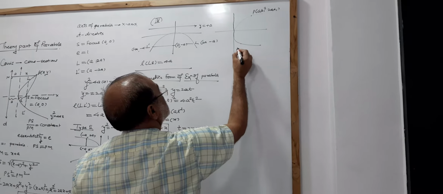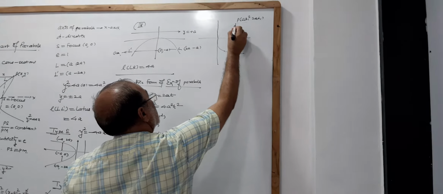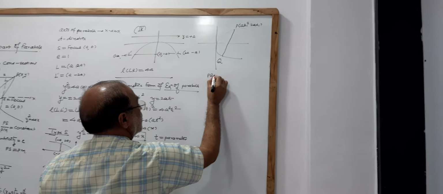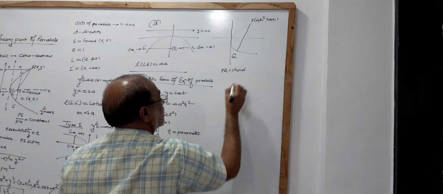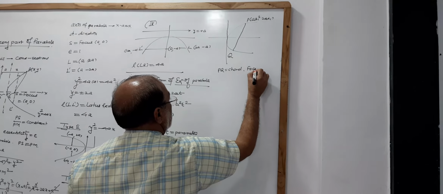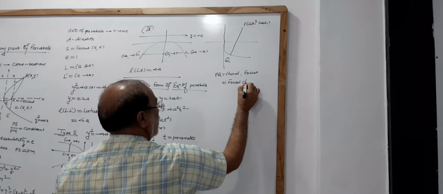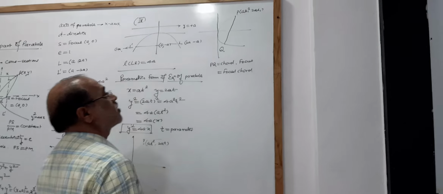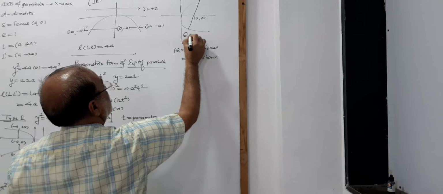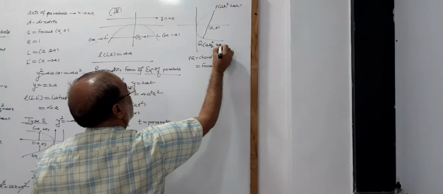There is another point, suppose Q, and PQ is a chord which passes through the focus. Therefore, it is also called a focal chord. The focus is (a, 0), and the points are (at1 square, 2at1) and (at2 square, 2at2).